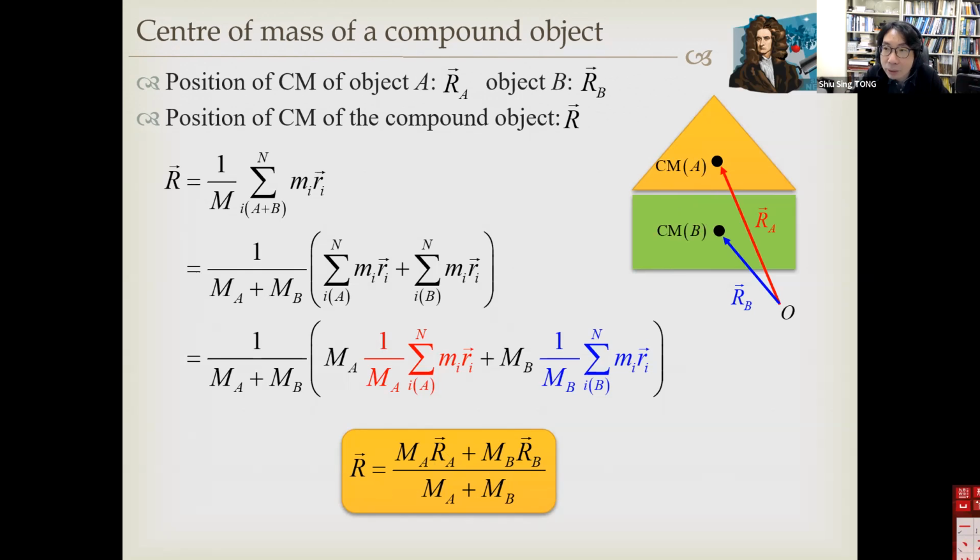You can imagine the center of mass is a position where all the mass of the object seems to be concentrated. Even if you have two extended bodies, you may now consider them as point masses located at their center of mass positions and use the formula we learned before to find the position of the composite center of mass.